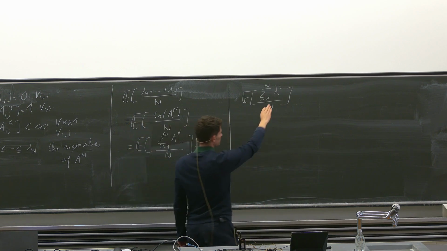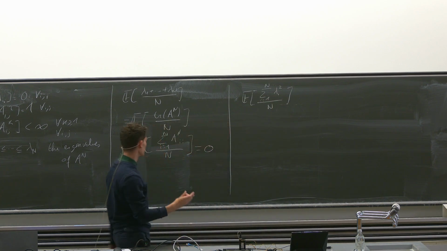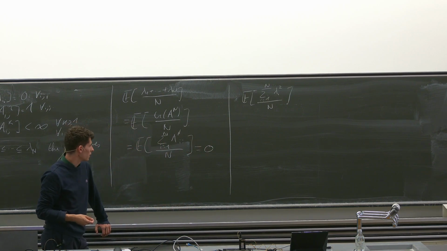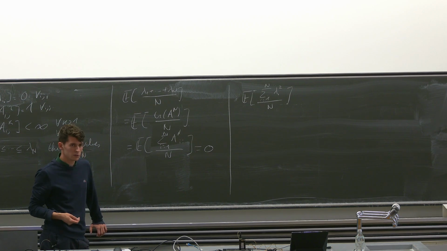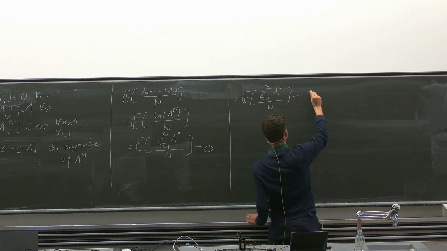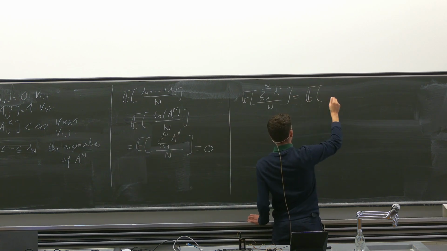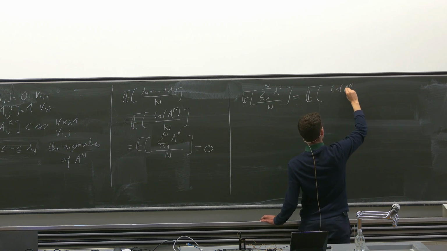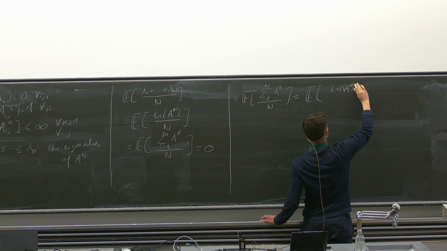These eigenvalues lambda_i squared are the eigenvalues of A_N to the power 2. And again, because A_N to the power 2 is symmetric, this is just going to be equal to the trace of A_N to the power 2. So this is equal to the expectation of the trace of A_N to the power 2 divided by n.